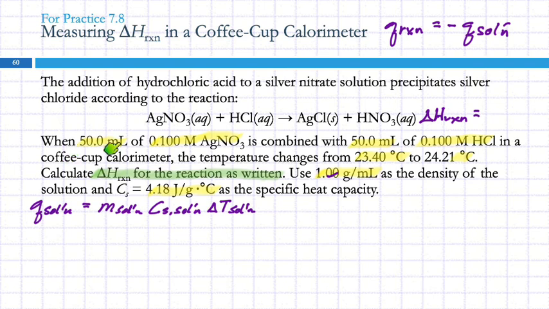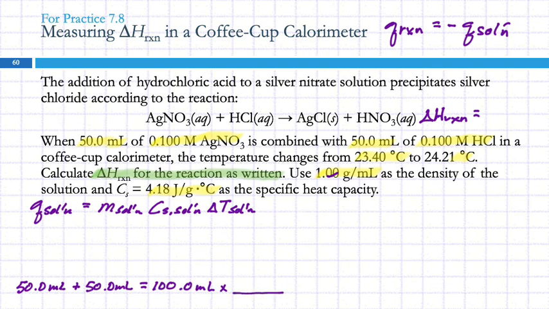So we're mixing 50 milliliters of one solution with 50 milliliters of another solution. So what's the total volume? 100 milliliters. We can use density to convert volume to mass, or mass to volume. And again, we're going to use density as a conversion factor.